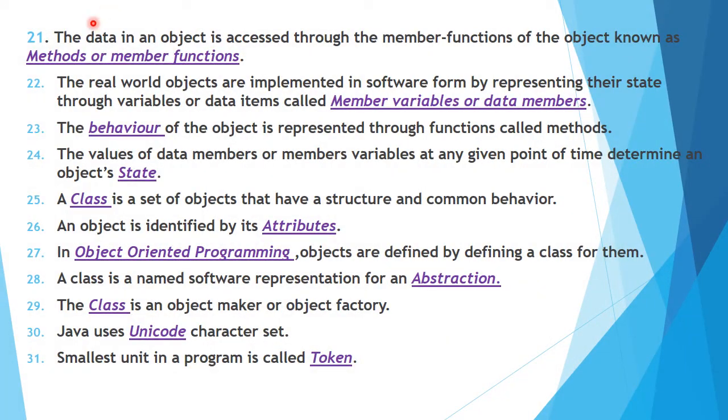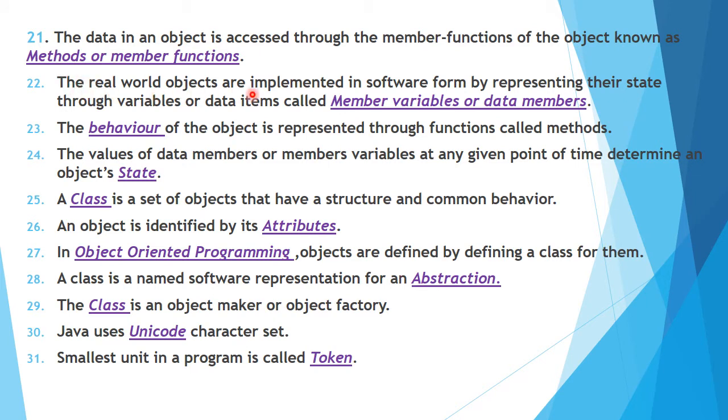Now, next fill up. The data in an object is accessed through the member function of the object. It is known as methods or member function. Okay. So an object can be accessed through methods.